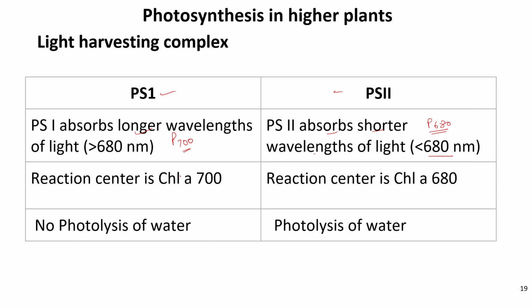Now again, the reaction center in photosystem 1 is chlorophyll A 700, meaning maximum absorption at 700 nanometer, whereas in photosystem 2, the reaction center is chlorophyll A 680, meaning maximum absorption at around 680. Another difference between photosystem 1 and photosystem 2 is that there is no photolysis of water in photosystem 1, whereas there is photolysis of water in photosystem 2.